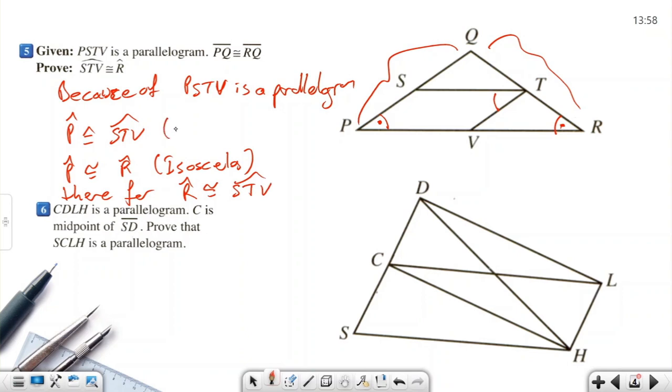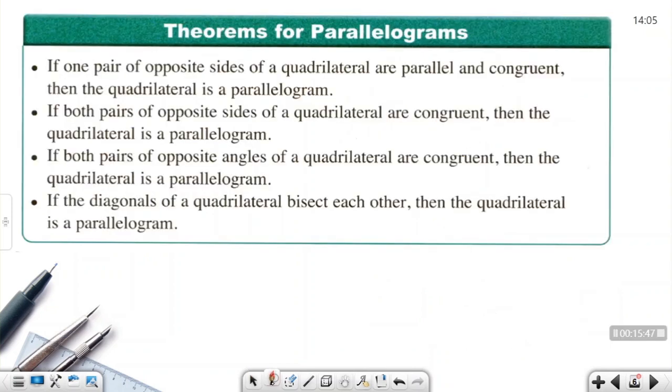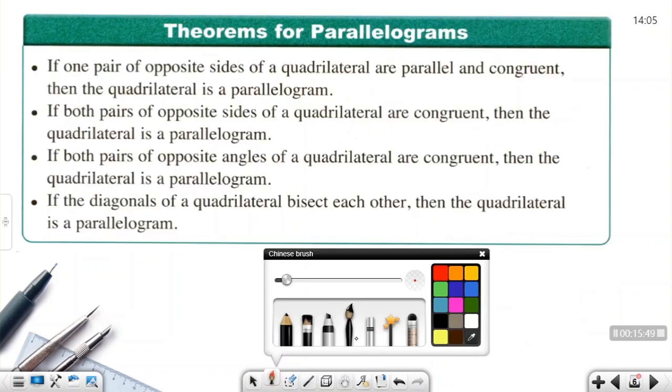Angle R is congruent with STV because of the parallelogram. I wrote it actually. Okay. This will help us understand how we prove questions, similar to question 6.